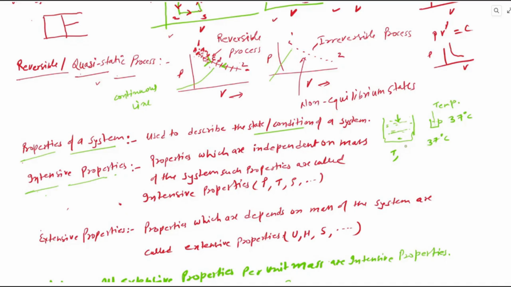Temperature and density also. Density of 1 cup of water, right. So this is the density of water, generally we take 1000 kg per meter cube, right.